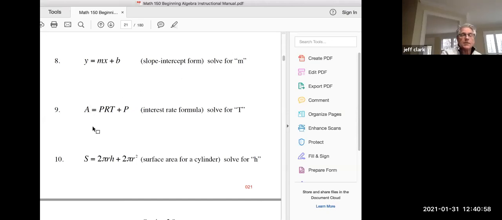So I look at these 2 problems. Again, they're formula problems, and I'm just going to write them down and try to get the letter by itself that I'm asked for. All right, so let's go back to the document camera one more time.